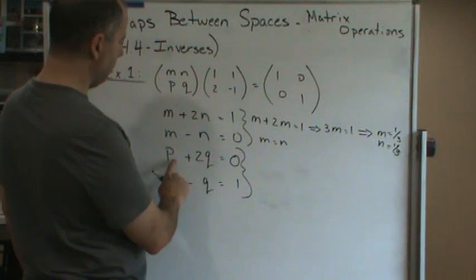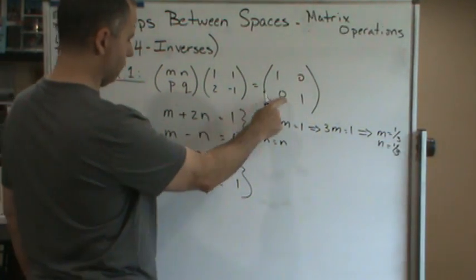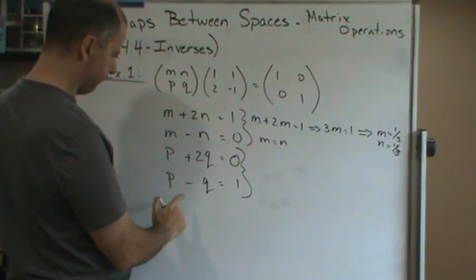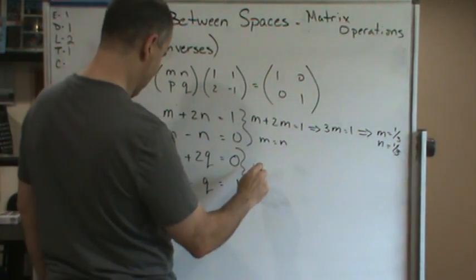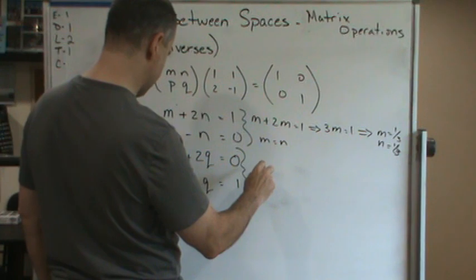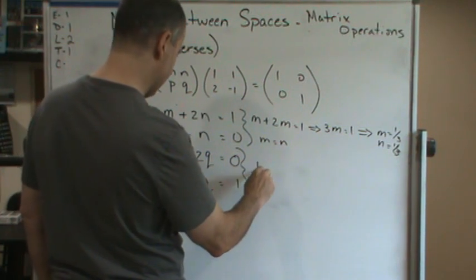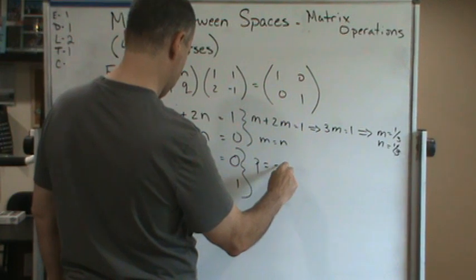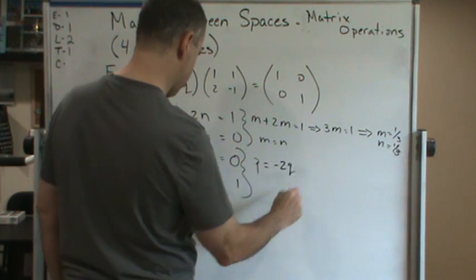Okay, so this is equal to 0. This is 1, so I had those mixed up. So yeah, this is going to be different. So that's going to mean that p is going to equal negative 2q.